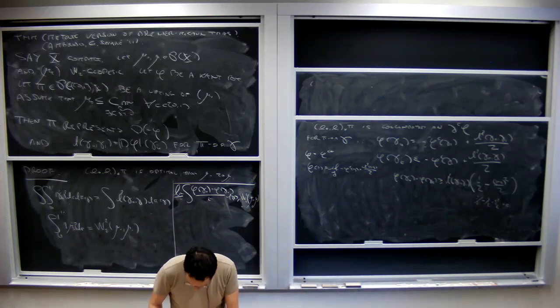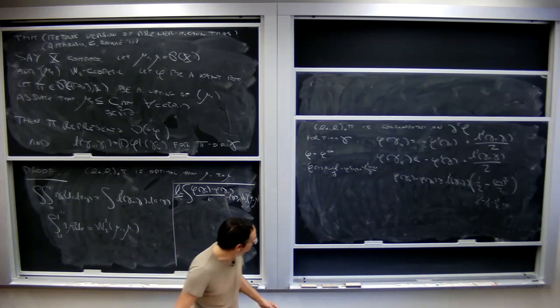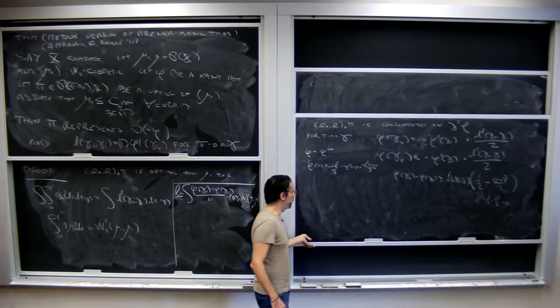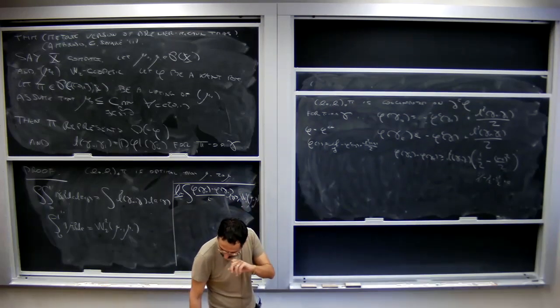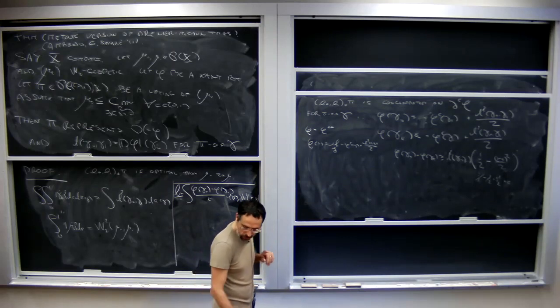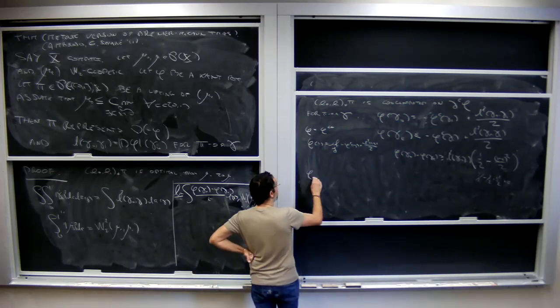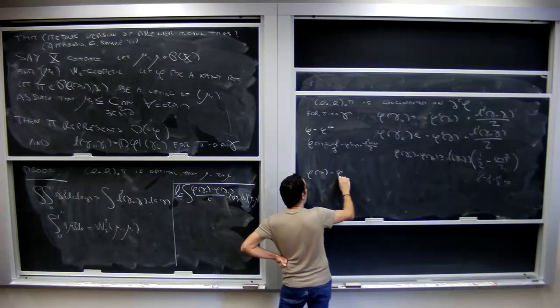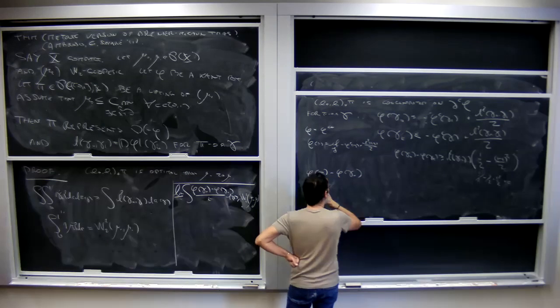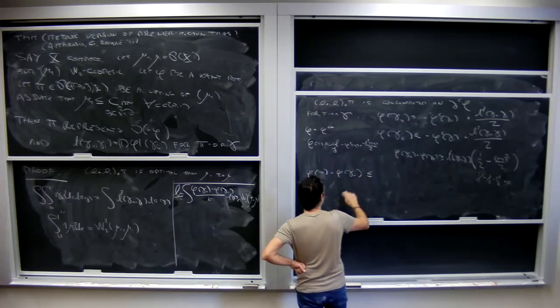Another inequality is, oh yes, it's even simpler. On the other hand, I know that phi of x minus phi at gamma 0, for the same reason as over here, is less or equal.